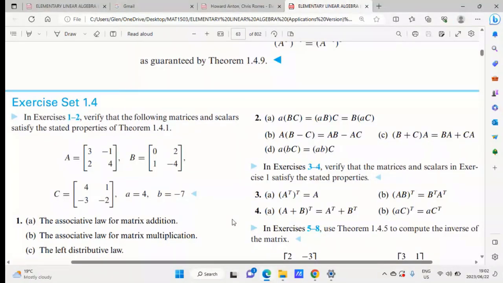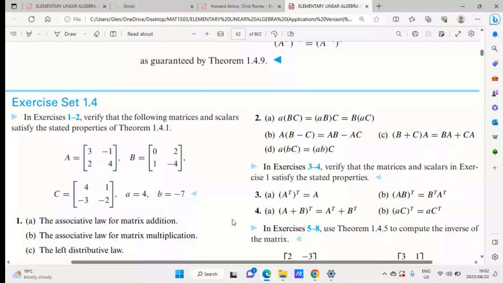So in this case, we have CA. We look at matrix C and take the first row, which is 4 and 1. When we multiply it with matrix A, we multiply with the first column, which is 3 and 2.